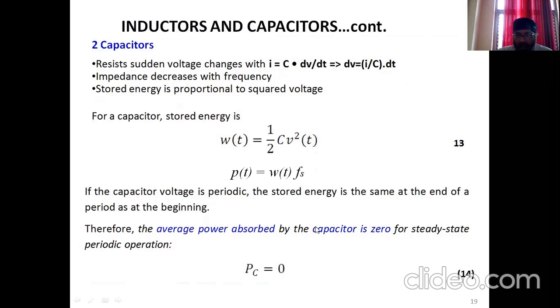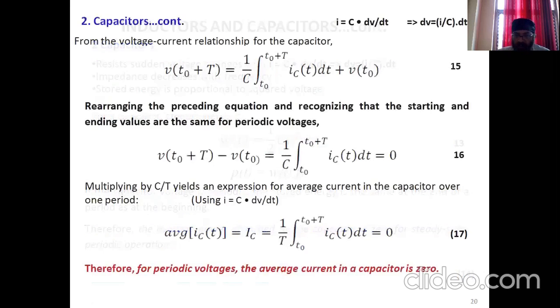So the stored energy, again, the net value is 0. Whatever goes in, whatever is stored, it goes out. Whatever is charged, it gets discharged. Again, the net value is 0.